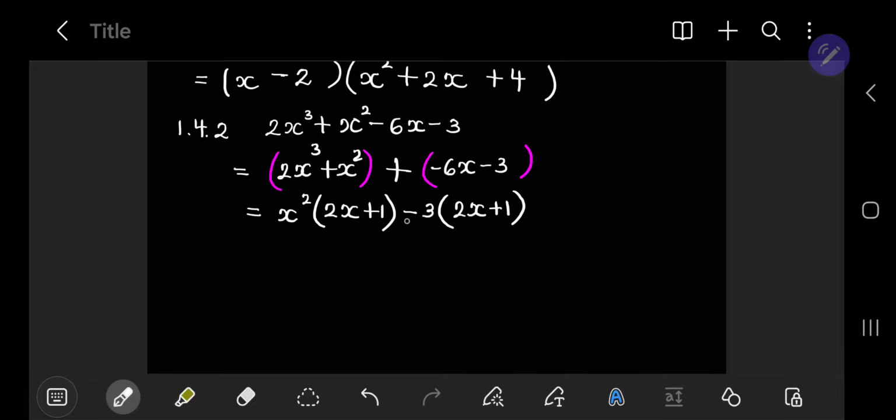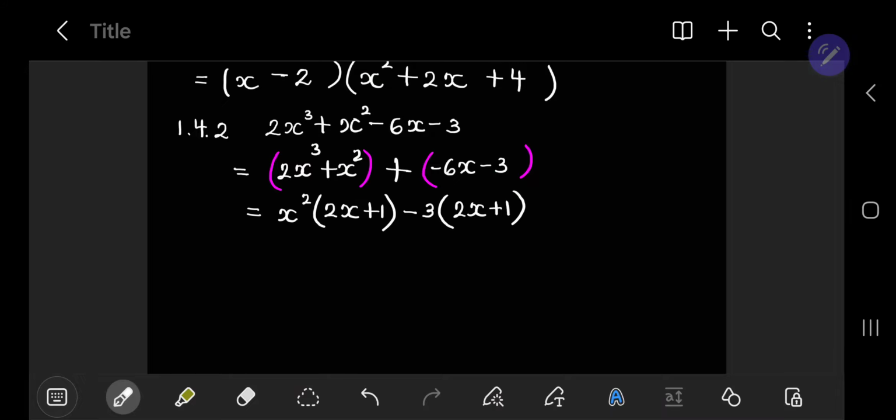Negative 6x divided by negative 3 would give you positive 2x. Negative 3 divided by negative 3 would give you positive 1. Alternatively, if you had to take this negative 3 and multiply into the bracket with both terms, it should give you your bracket above. It should give you negative 6x minus 3.